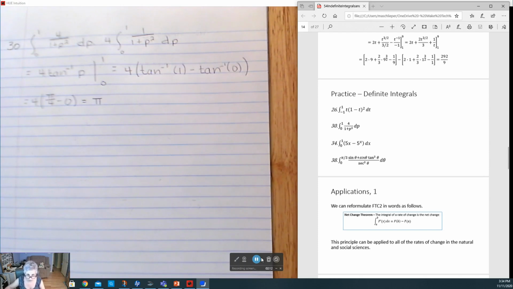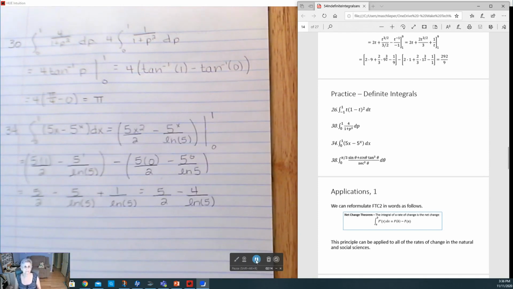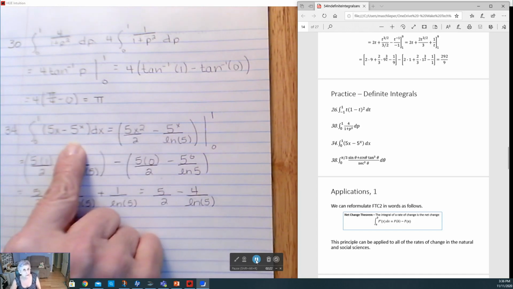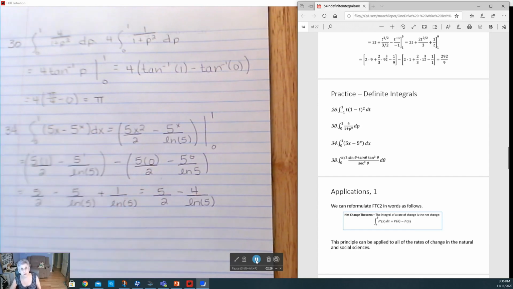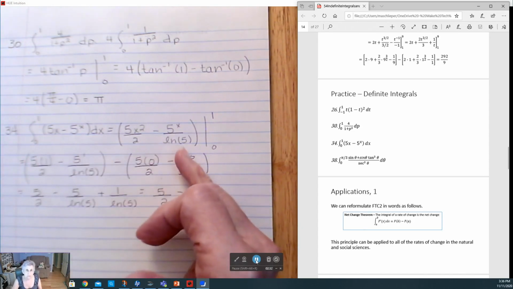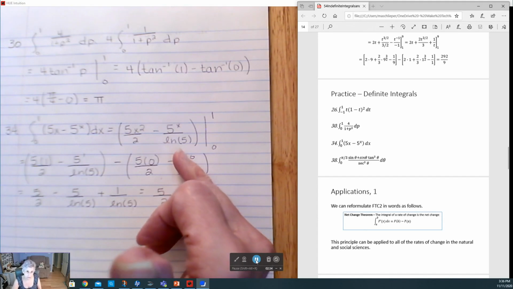So I'm going to go ahead and pause. Okay, first part was easy. Add 1 to the exponent, divide by the new exponent. Remember when we took the derivative of 5 to the x, we would multiply by the natural log of 5. When we take the antiderivative of 5 to the x, we divide by the natural log of 5.